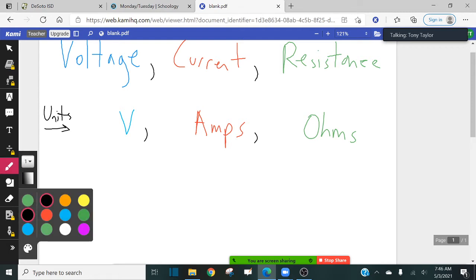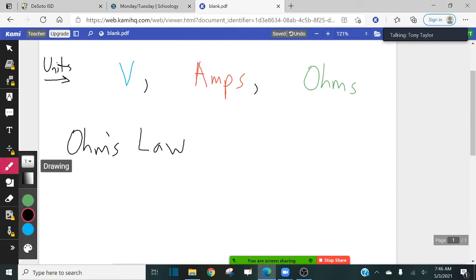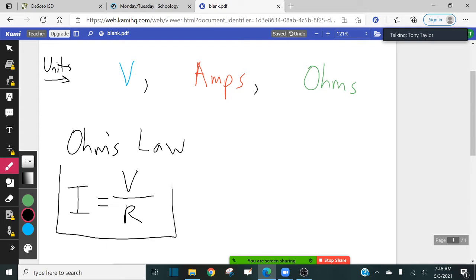So Ohm's law says that current is mathematically equal to voltage divided by resistance. And yeah, guys, every time you see an I in this class, we use the symbol I to represent electric current. So I is for electric current. Okay.